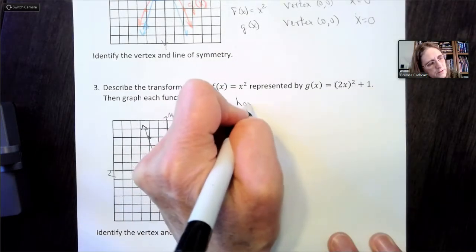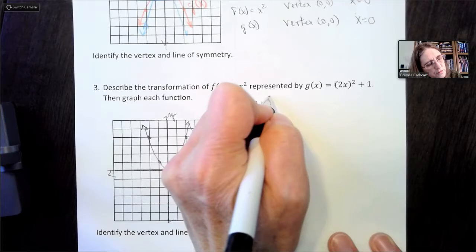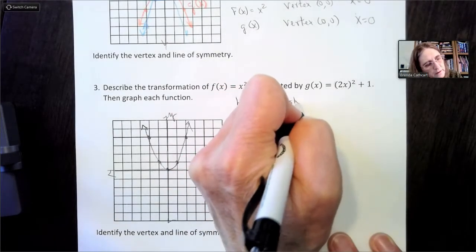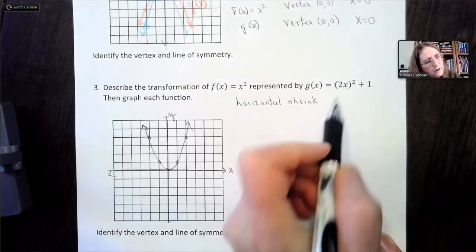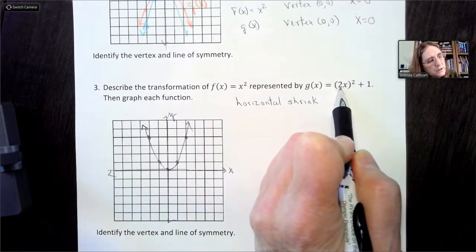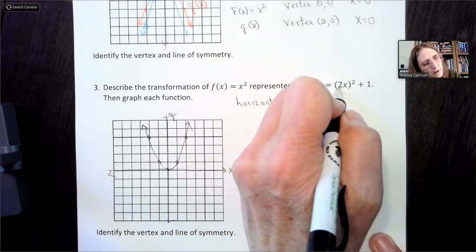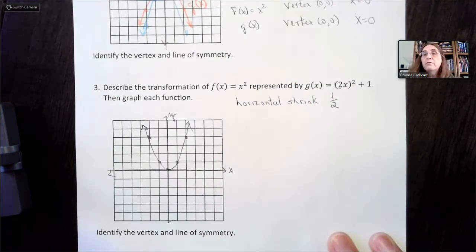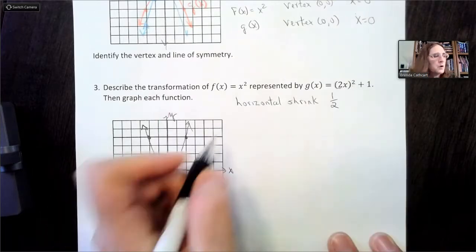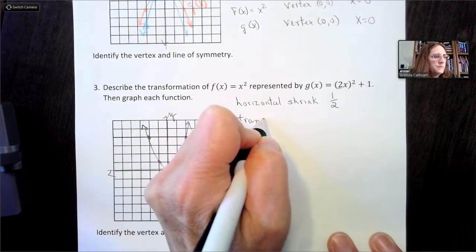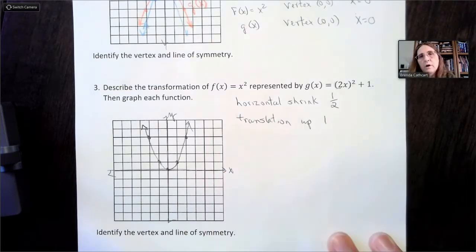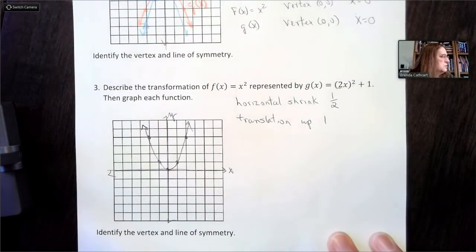This tells us that this is a horizontal transformation. In fact, it's a horizontal shrink. And our factor for our shrink, remember, is the reciprocal of our coefficient here. So it's a horizontal shrink of 1/2. And then the plus 1 is a translation up 1.